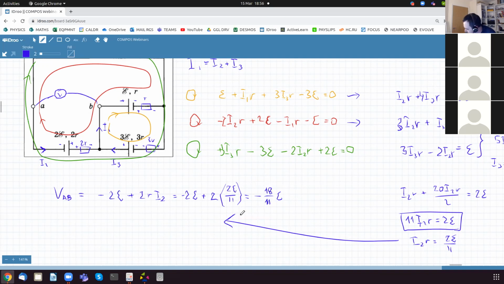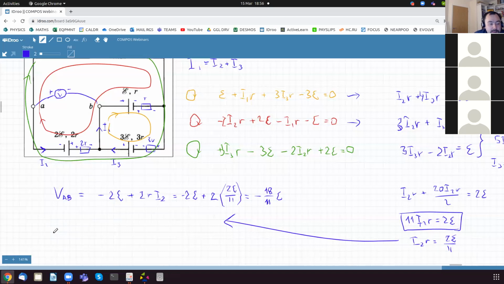Minus 22 plus 4, minus 11, minus 18 over 11. This is the voltage between A and B. So basically, if you connect the voltmeter like this, it will show you a negative value. If you connect it the other way around, it's going to be plus 18 over 11.